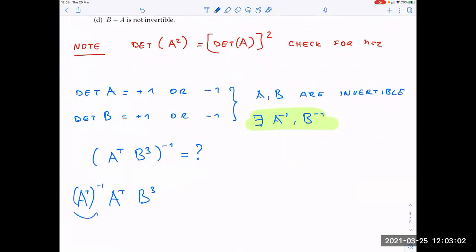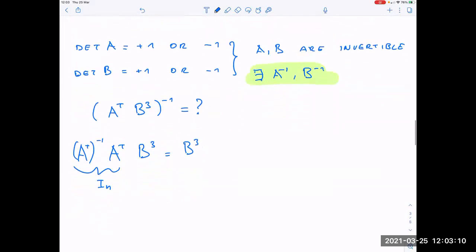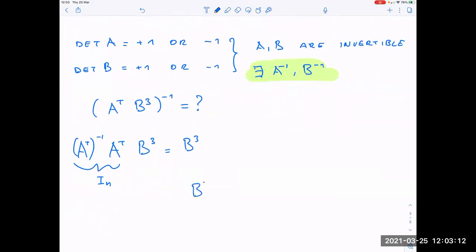If I do this, I will get the identity here, and then I will get B cubed. Then once I have B cubed, I just need to multiply by the inverse of B cubed, and I will get the identity. So if I take these two gentlemen here, I will get the answer I want.